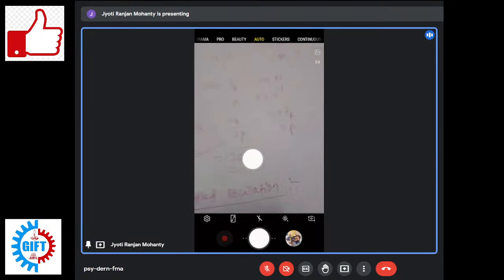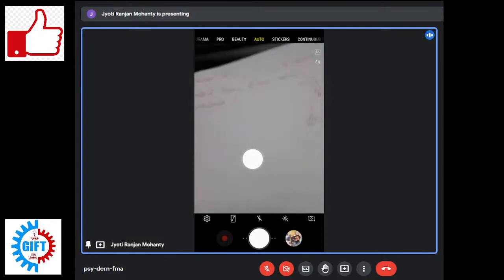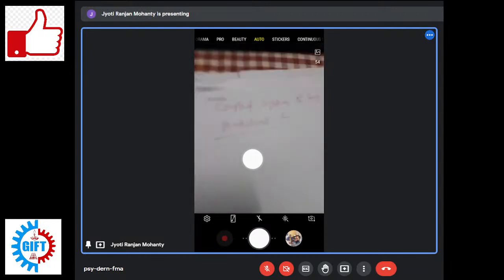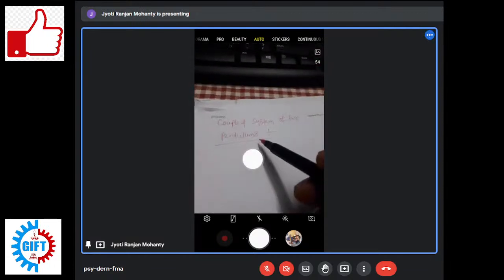Now, as per your syllabus, we have to discuss one example. You give the heading as coupled system of two pendulums.